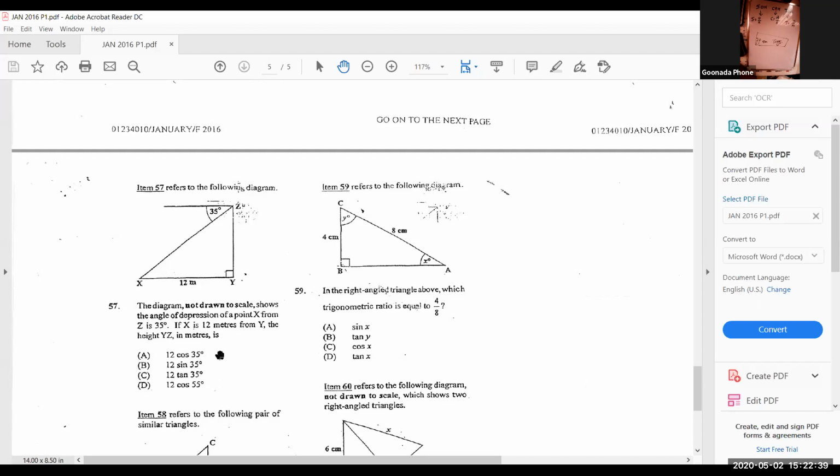Number 57, what is the answer? Yes, correct, it's C. And number 59, anybody? That's a repeat question. Yes, it was A. Correct.